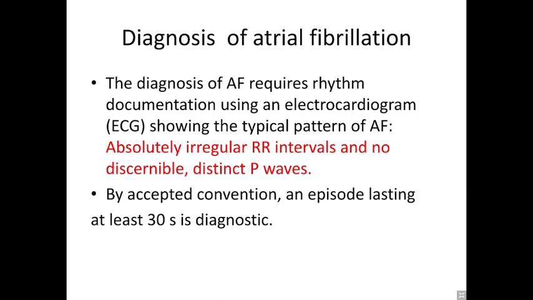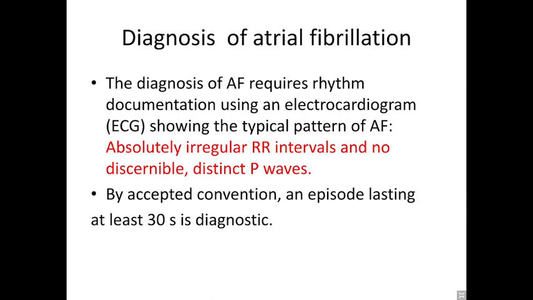The diagnosis of atrial fibrillation requires written documentation using an electrocardiogram showing the typical pattern of atrial fibrillation: absolutely irregular intervals and no distinct P waves. P wave absent in patient with atrial fibrillation.